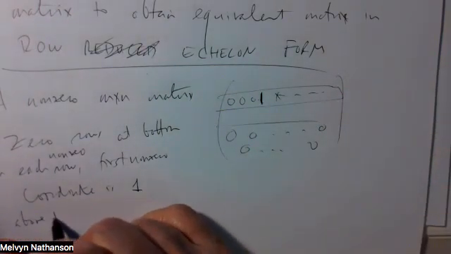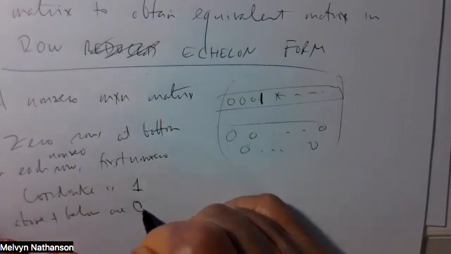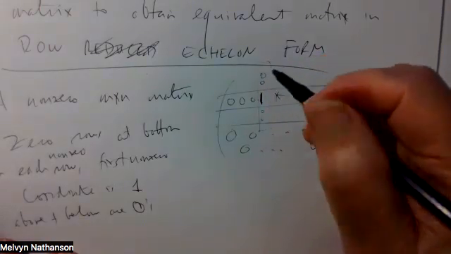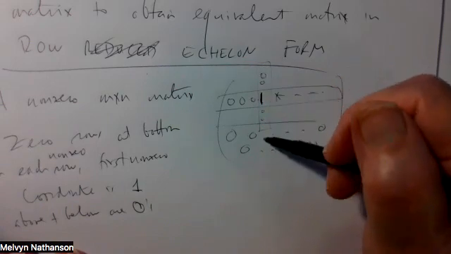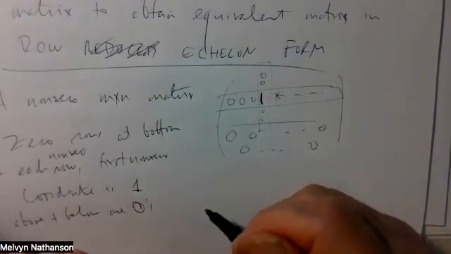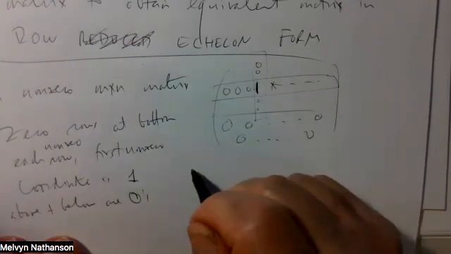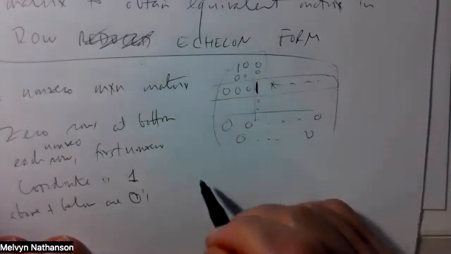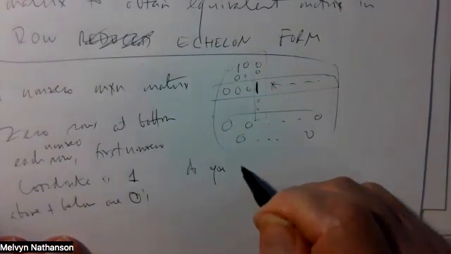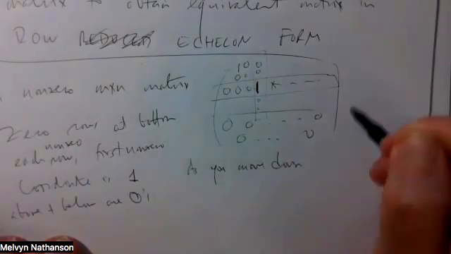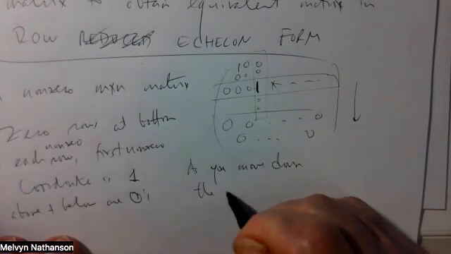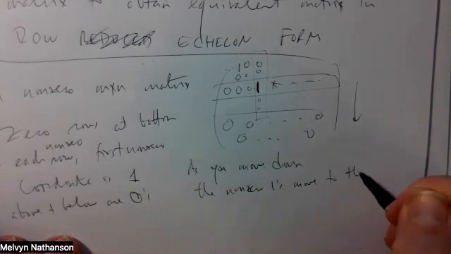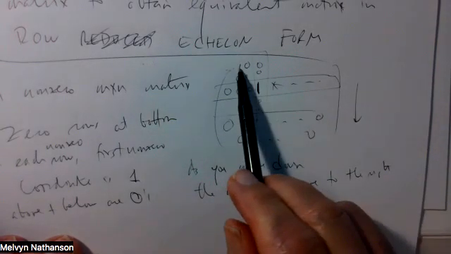And above and below it are zeros. So in this column, you have a 1 and everything else is a 0. And the third condition is that every non-zero row starts with a 1. And as you move down the rows, the non-zero ones move to the right. So here's a row.